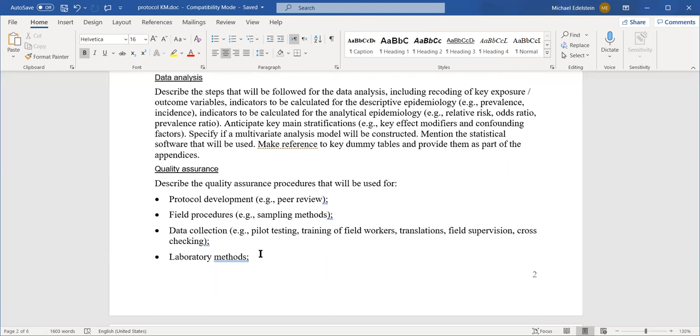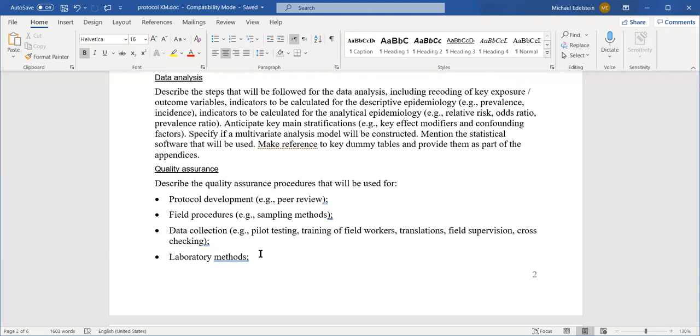You may say, I'm going to group into mild and severe: 1 and 2 together in mild, 3 and 4 together in severe. If you're going to do these things in your analysis, you need to explain this. You need to really go through the details.